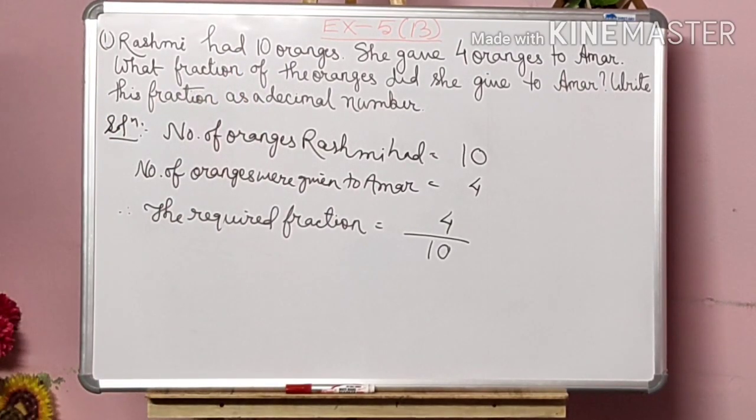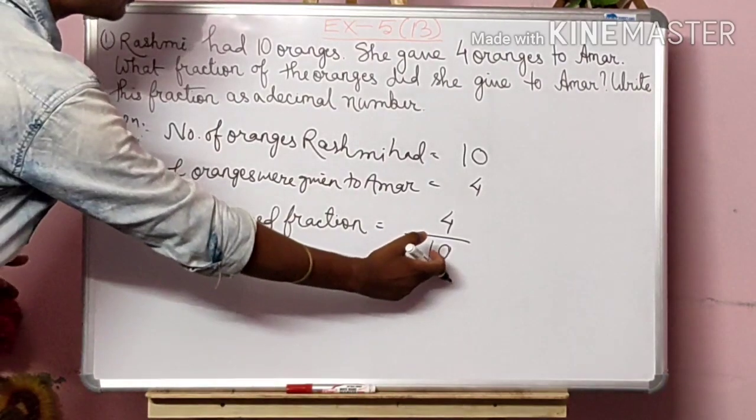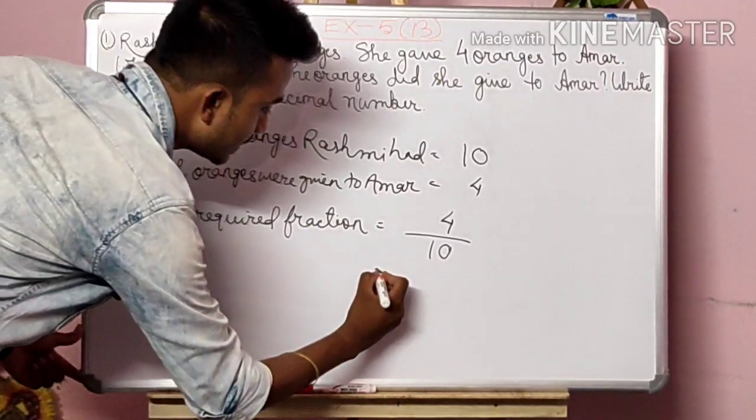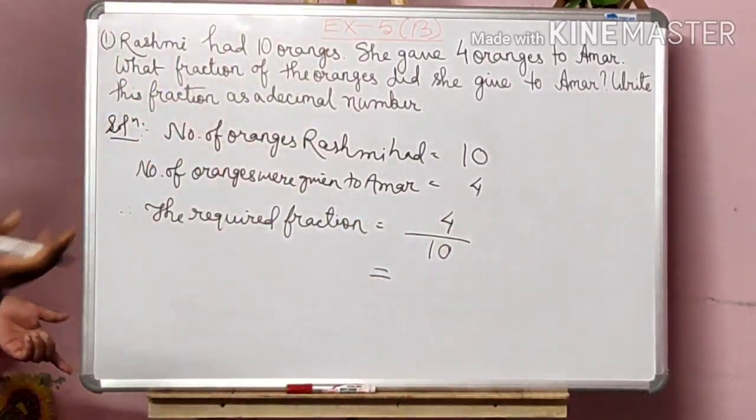I think you remember our last class, what I told you: whenever we want to convert a fraction into a decimal number, you have to see how many zeros are there in the denominator, isn't it? So this can be written as, you see, there is 1 zero only. So how are we going to convert this?